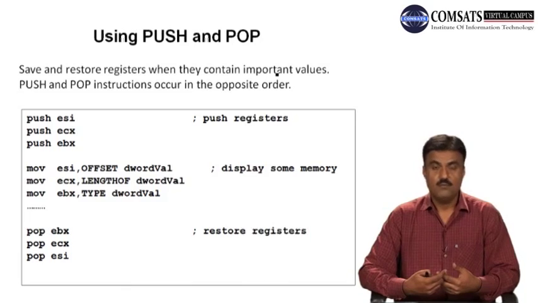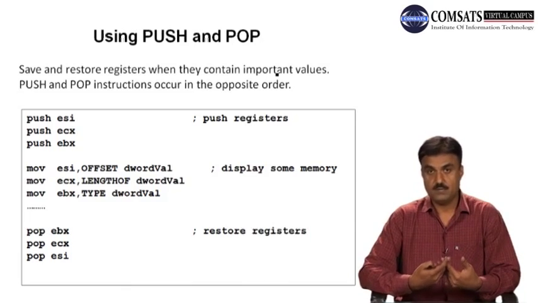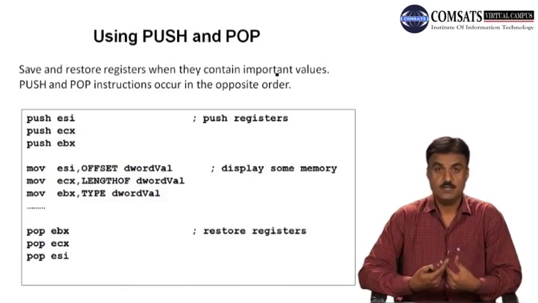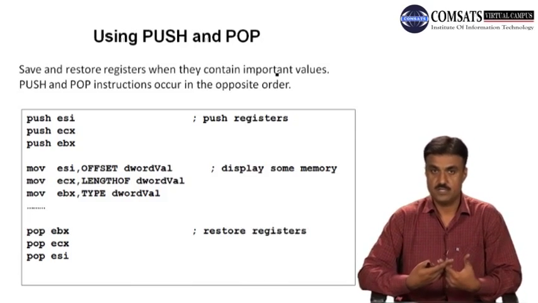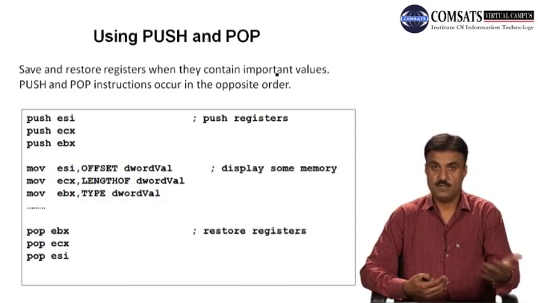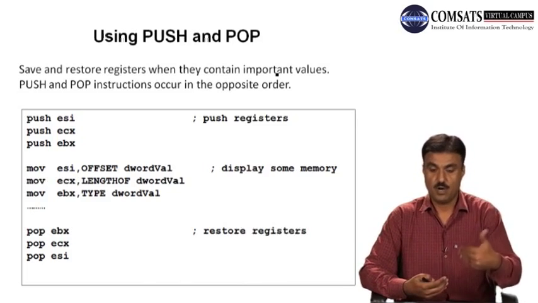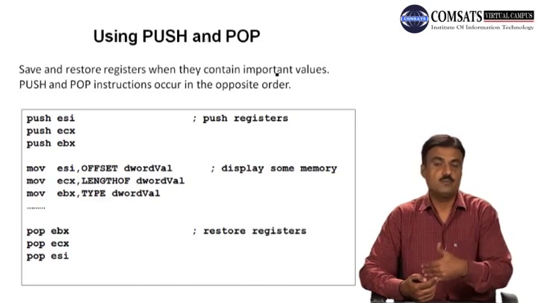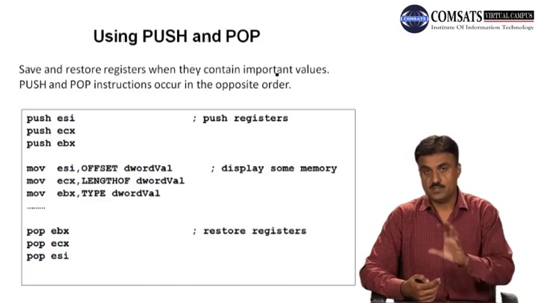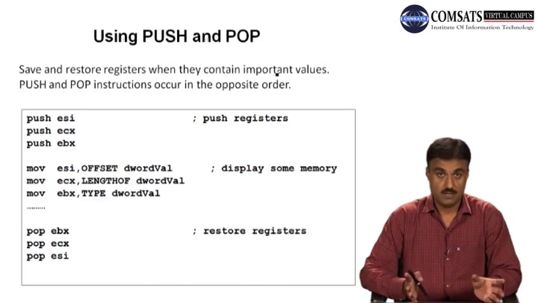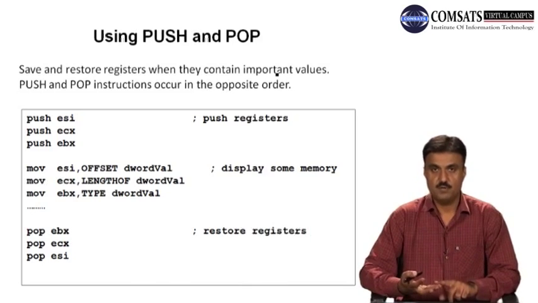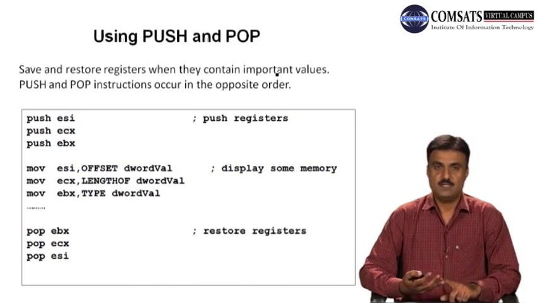Similarly, sometimes in future we will use procedures. We call procedures, and we return from the procedure to the main program and so on. Before moving to the procedure: these procedures perform some operations on registers like the accumulator or AX register, EAX, EBX, ECX and so on.